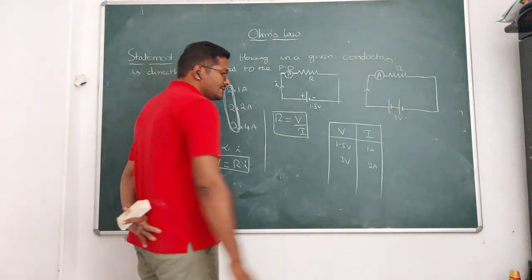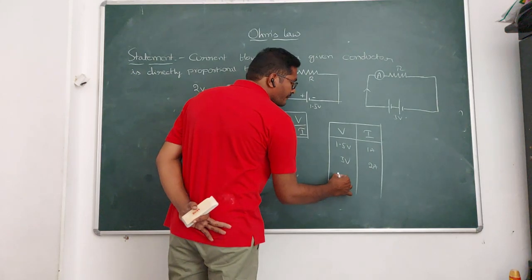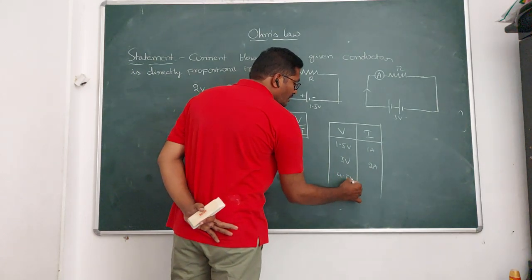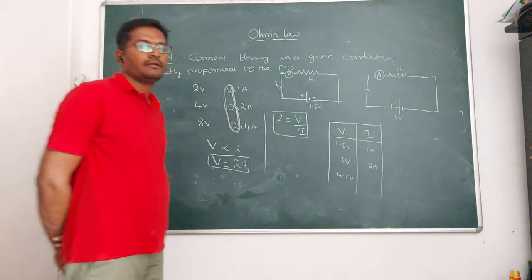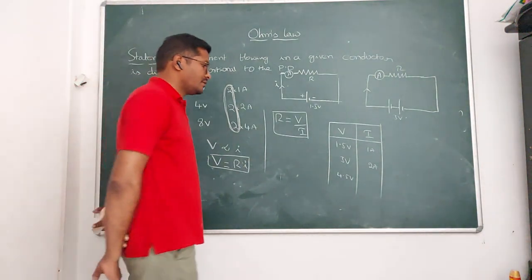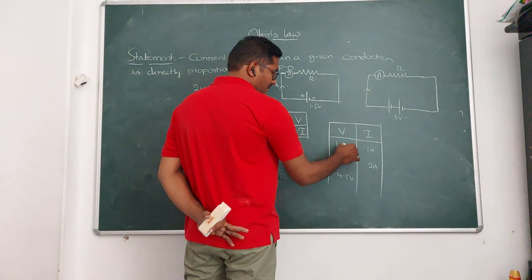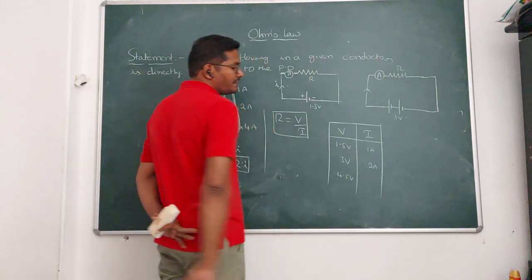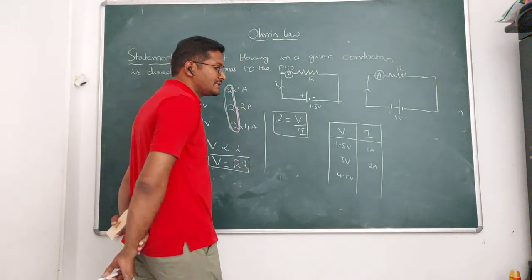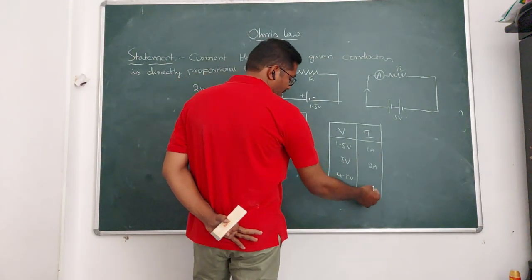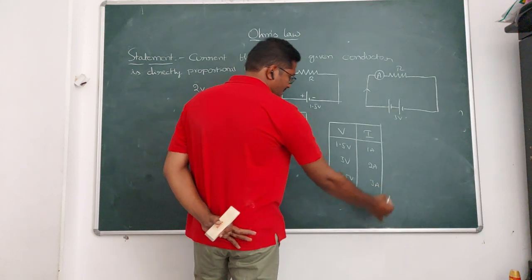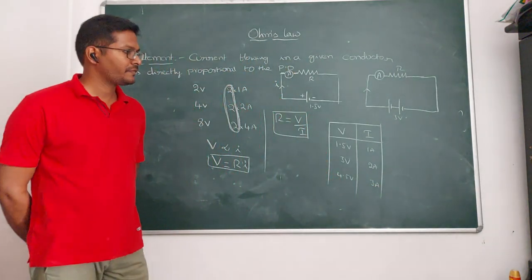If the voltage is increased to 4.5 volts, then measure the current in the ammeter. Now it is increased from 1.5 to 4.5, which is a 3 times increase, so the current also increases 3 times. Then you will get 3 amps.